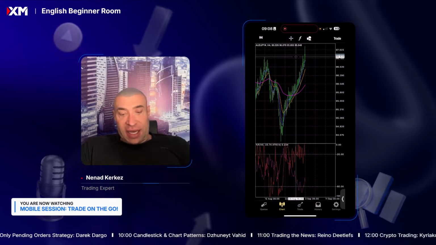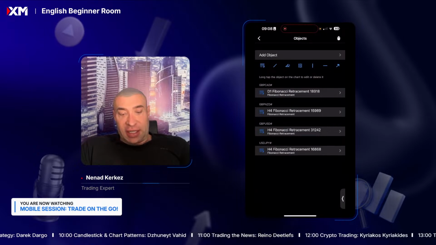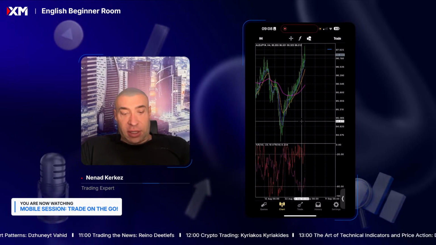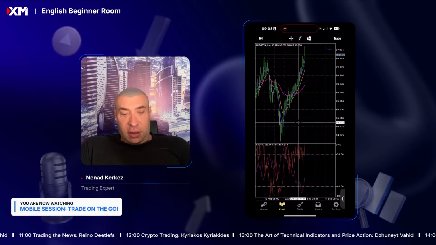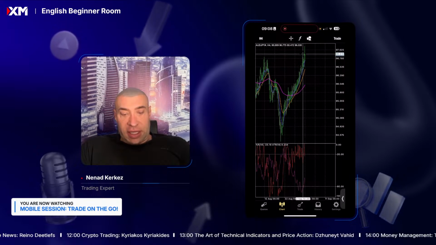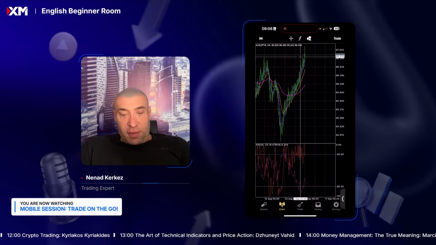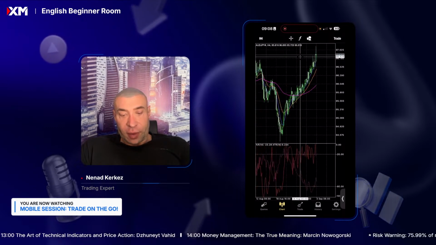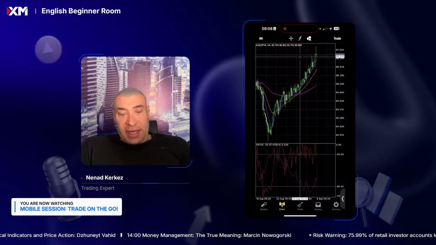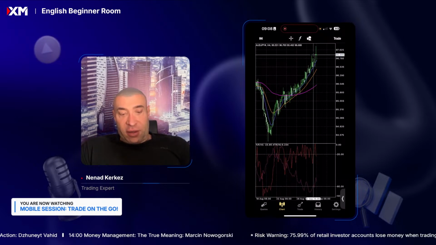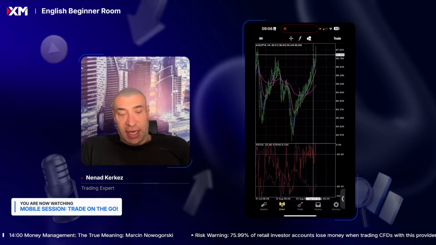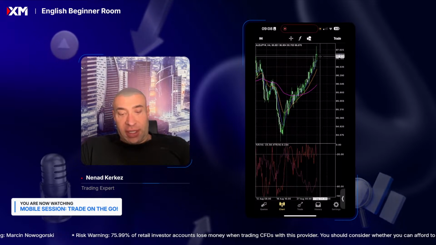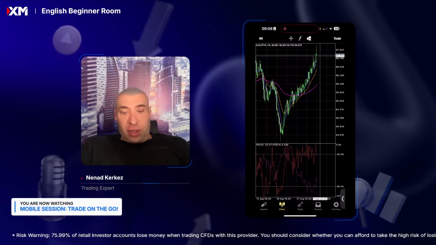I will put the line here. Look at this, guys. This is a buying opportunity here. This looks like a buying opportunity. I might go into a long position on Australian dollar yen. Just give me a few moments to pinpoint the exact entry.